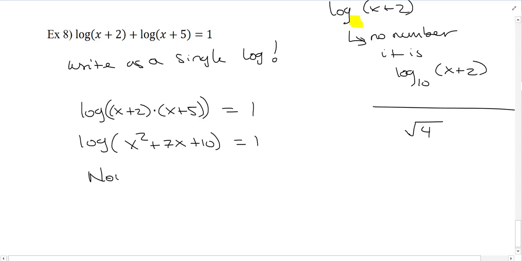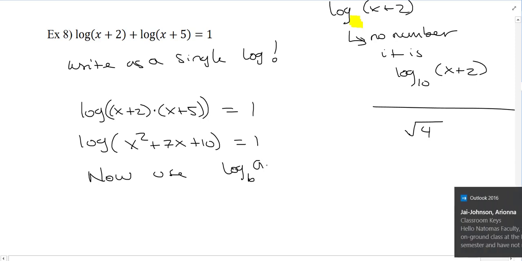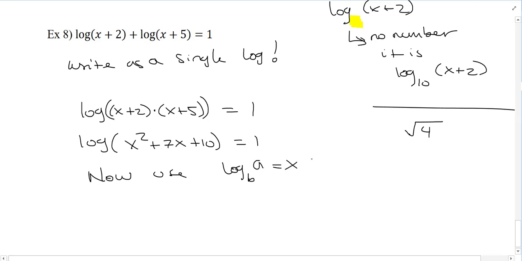So now I can use my definition that log base b of a equals x means, and again, forwards and backwards, b to the x equals a. So I can use this to say, okay, b is 10. So I'm going to have 10 to the whatever's on the other side of the equals.